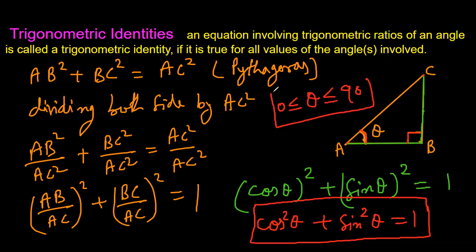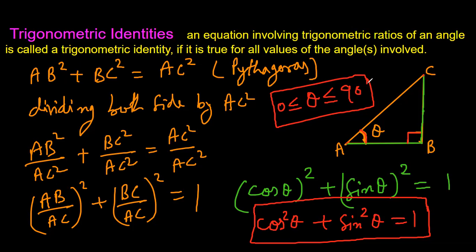When we are proving our identity using a right angle triangle, we know our theta is between 0 and 90. So the identity cos square theta plus sin square theta equal to 1 is true for all values of theta between 0 and 90. Actually, in this topic we would be discussing angles between 0 and 90 only.